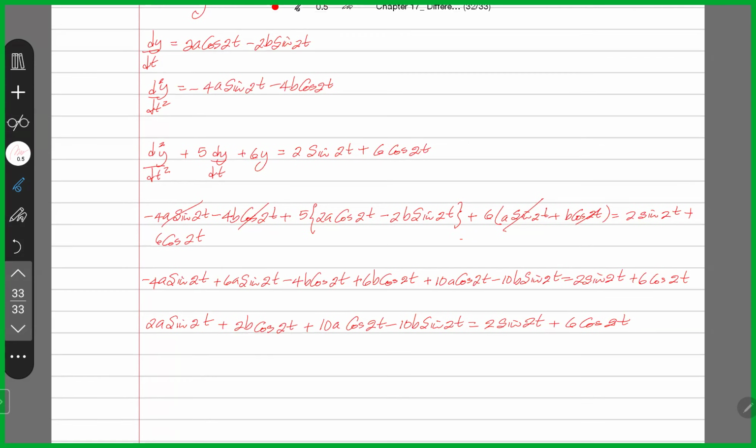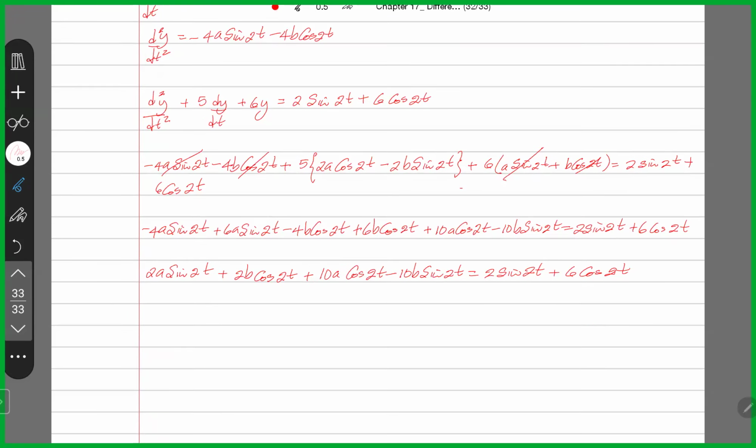Now equating coefficients, we have 2a minus 10b is equal to 2, and this is the sine 2t coefficient.